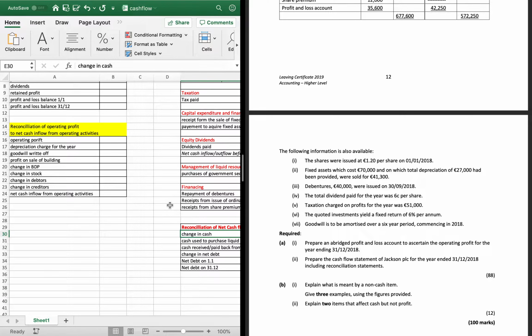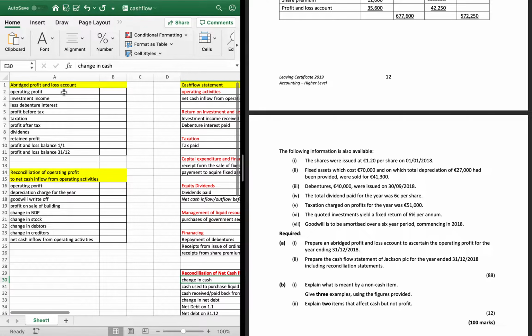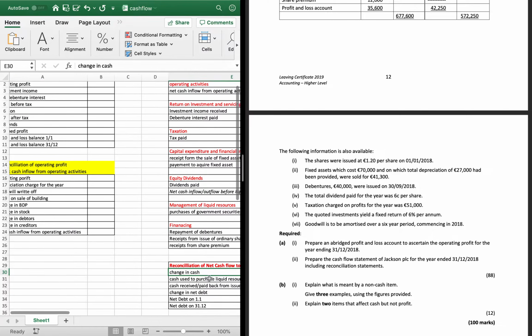In the context of the Leaving Cert question, there are a few tips and tricks. Really, with these, you have to start at the top with the abridged profit and loss account, and then finish with the reconciliation of net cash.